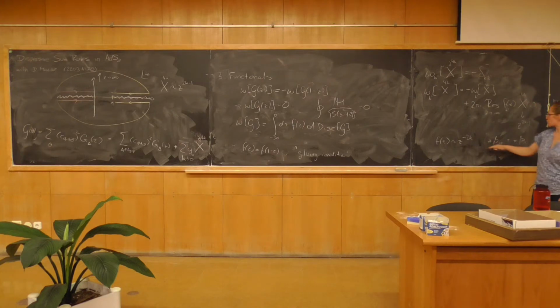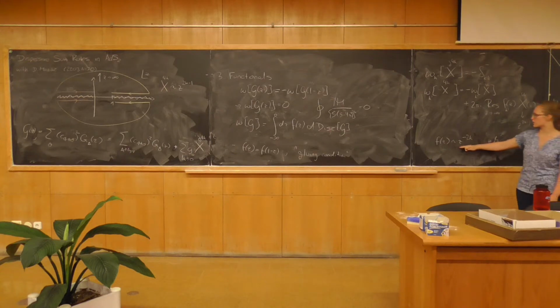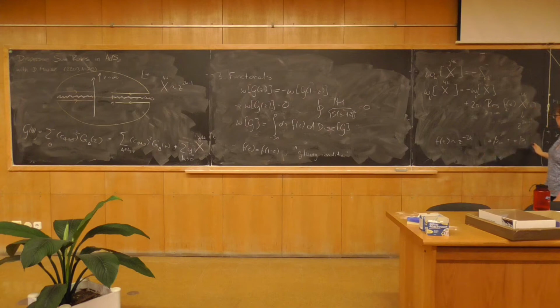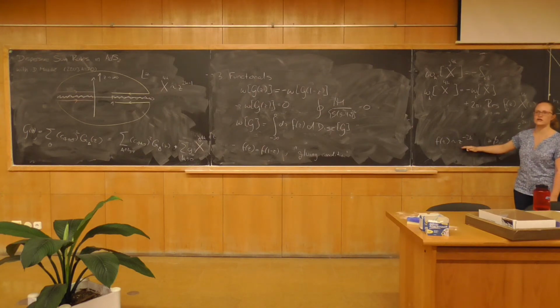So you need to subtract that constant term effectively from each other. You need a linear combination that goes with z to the minus 2. And then for the next functional, you take beta 2 and then subtract off the z to the minus 2 behavior to get z to the minus 4 behavior, etc.